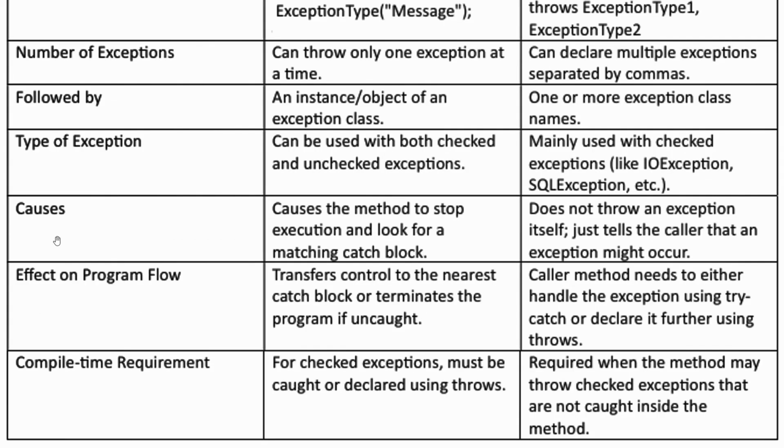The next difference is causes. The throw keyword causes the method to stop the execution and look for a matching catch block. And the throws keyword does not throw an exception itself, it just tells the caller that an exception might occur.